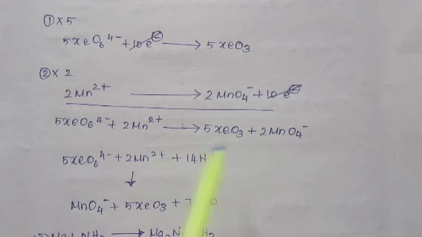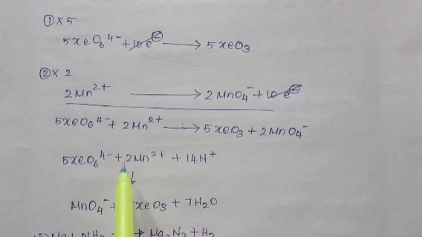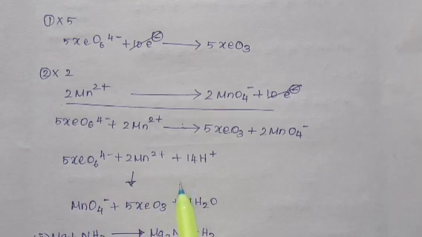After that we got the answer: 5XeO6 4 minus plus 2Mn2 plus 14H plus gives 2MnO4 minus plus 5XeO3 plus 7H2O.